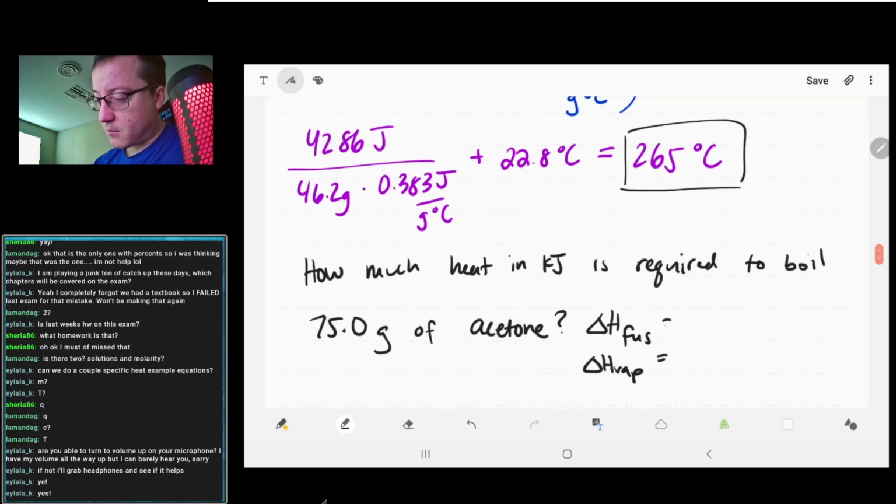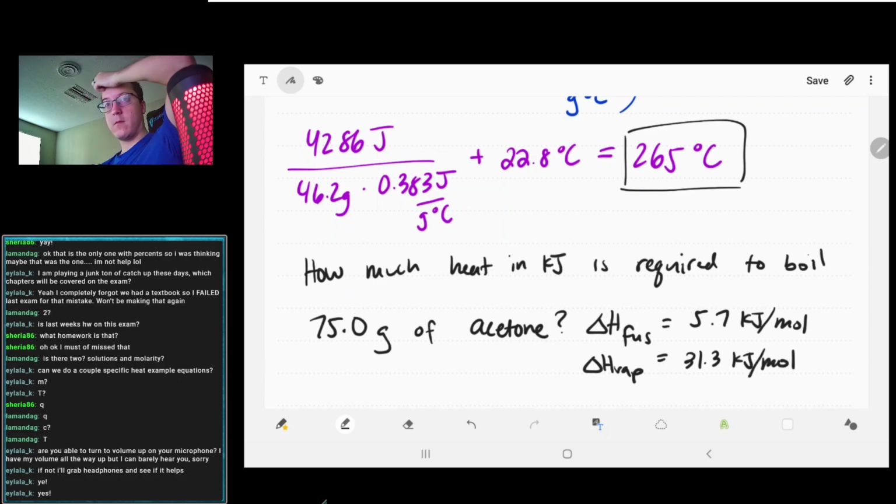And here are some numbers related to acetone. Okay, so cool.